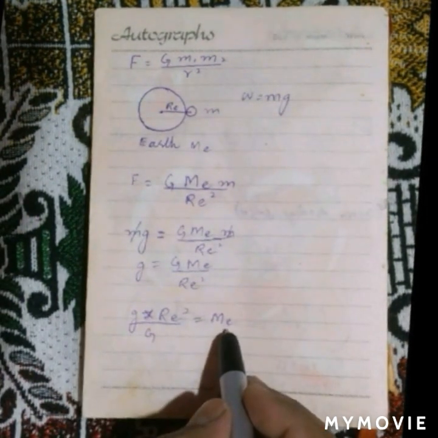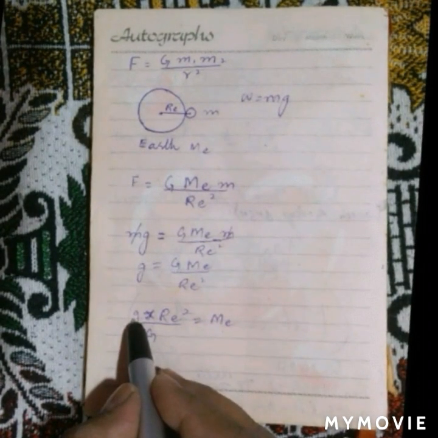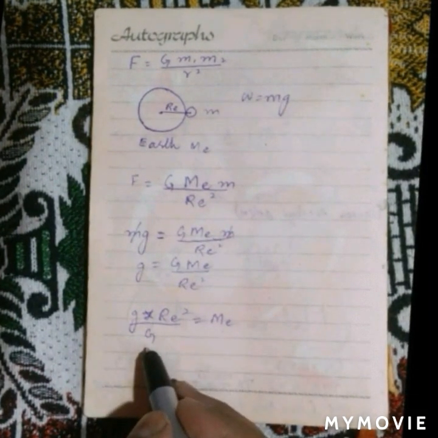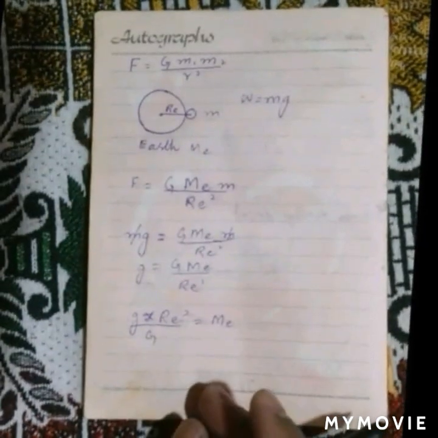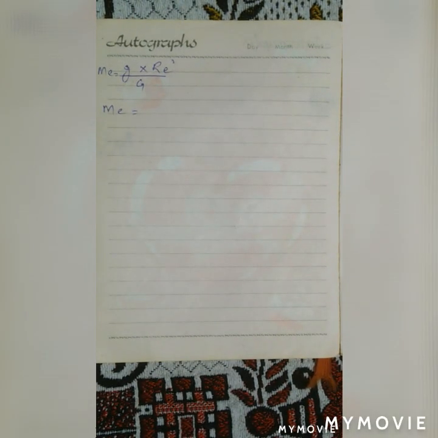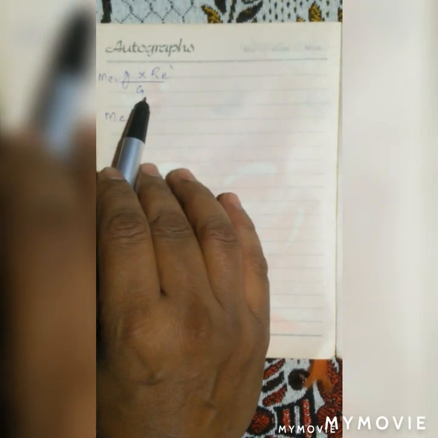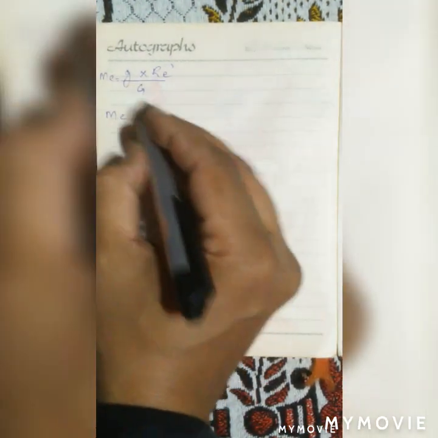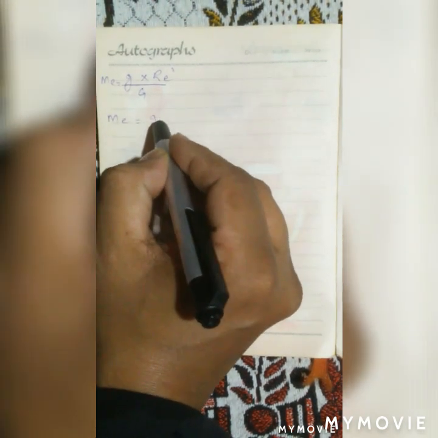Now we just have to insert the value of acceleration due to gravity, that is g, the radius of the earth and its square, and the gravitational constant to find the mass of the earth. The value of acceleration due to gravity is 9.8.